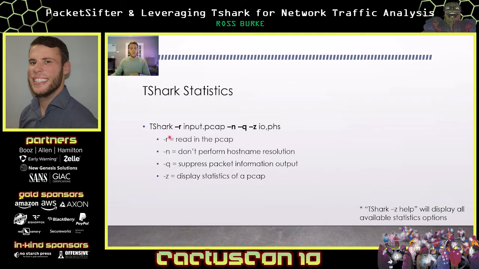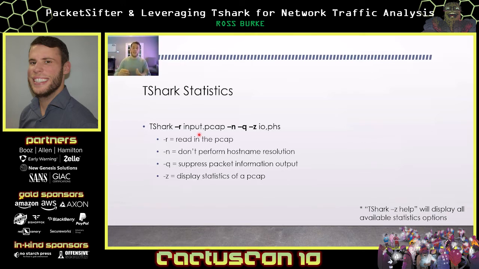Again, we're going to read in our pcap, turn off hostname resolution, and do a -q, meaning we don't want to see all the output of reading in that pcap. If I just do tshark -r input.pcap, it'll read every single packet and print it to the console, which we don't want to do.